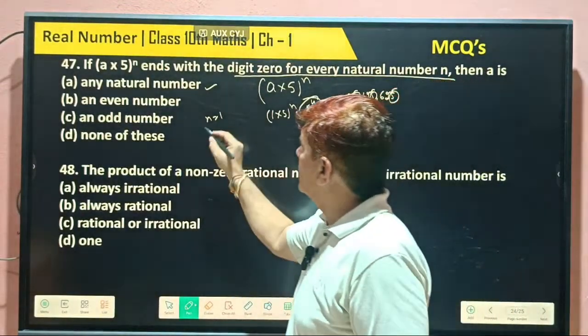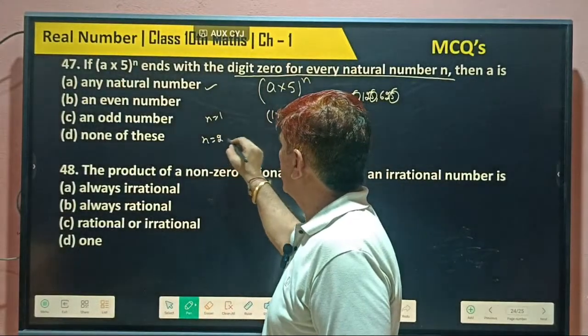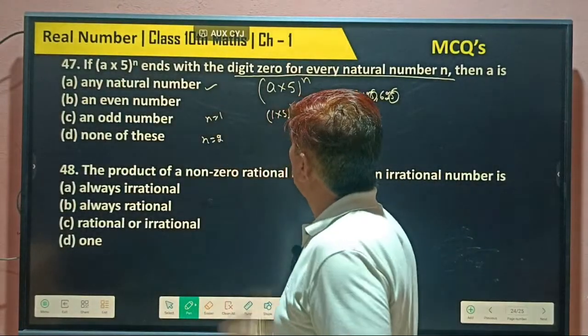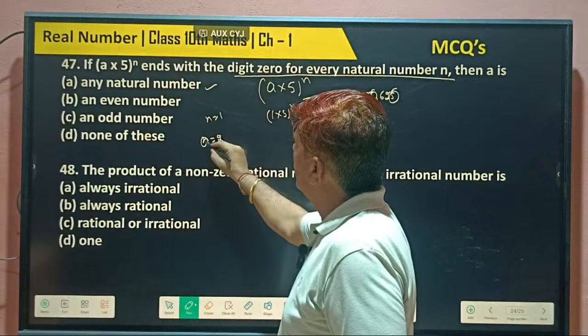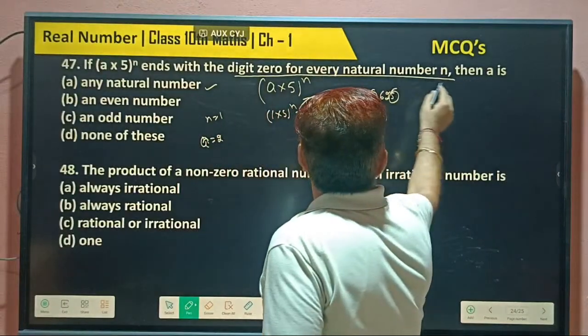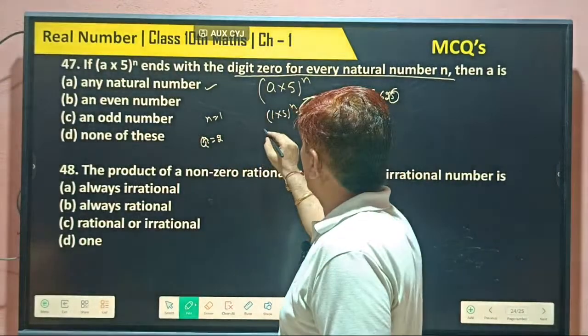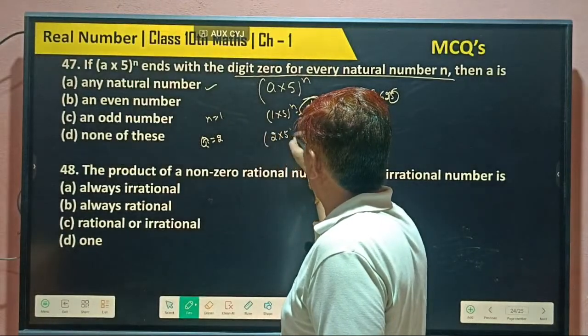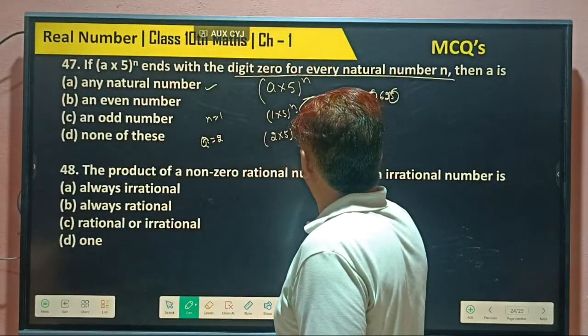If a is an even number, we will take a equal to 2. Then 2 into 5 power n is 10 power n.